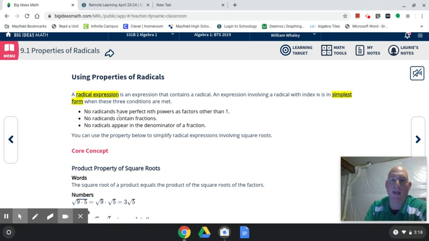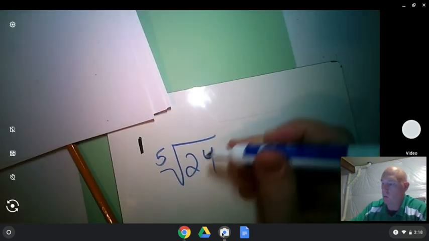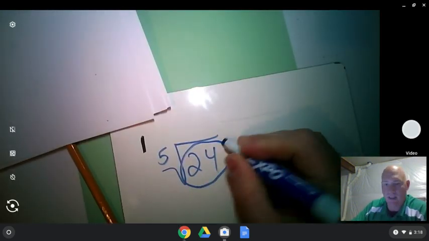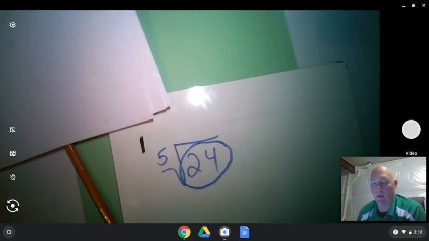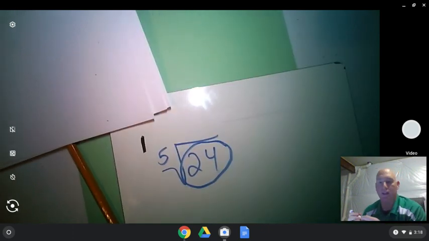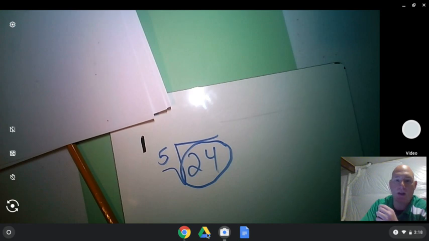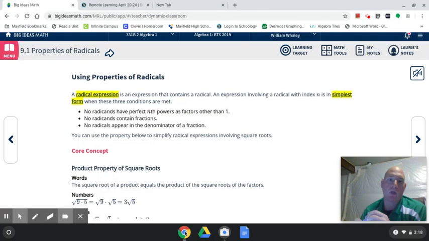So no radicands can have perfect nth powers as a factor other than 1. What that means is, and we're going to get more into this, the radicand is the number under the radical sign. So I'm going to go back to our camera. The 24 would be considered the radicand, okay? And as we get into this more, this all makes sense, so I'm not going to dwell on that too much right now. No radicands contain fractions, so you've got to be able to break them apart.